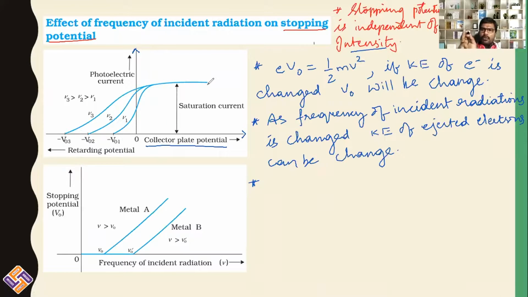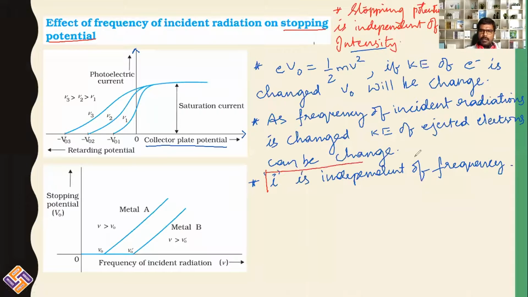Therefore, photocurrent is not variable with respect to frequency. Remember that photocurrent I is independent of the frequency of radiation. This is a very important point. Photocurrent does not depend on the frequency of incident radiation.